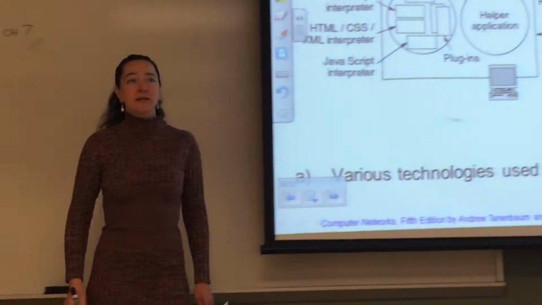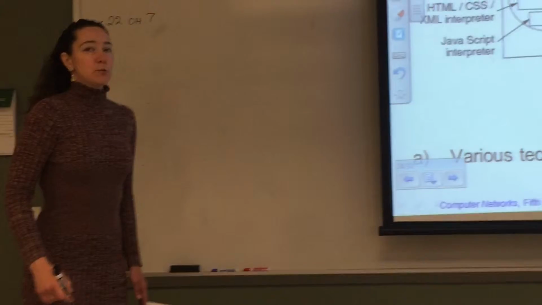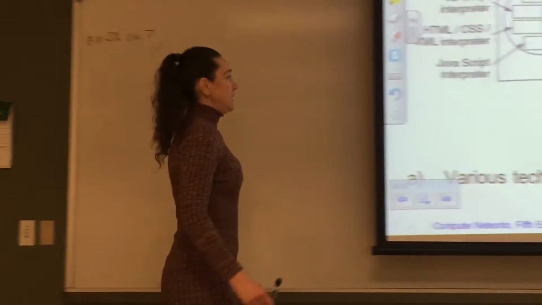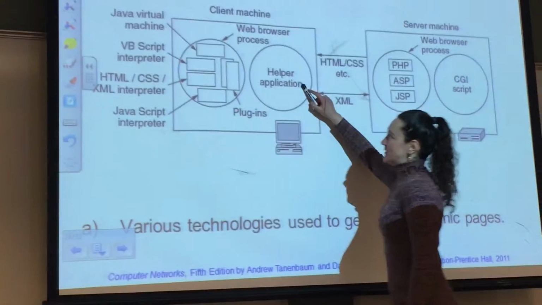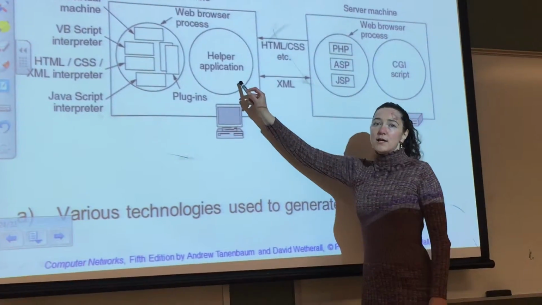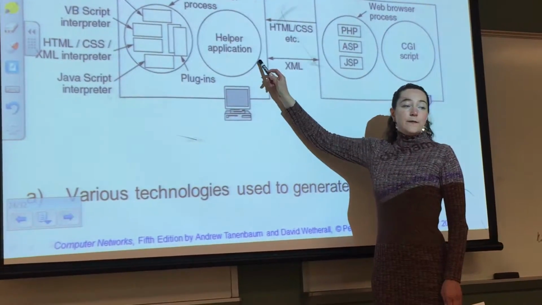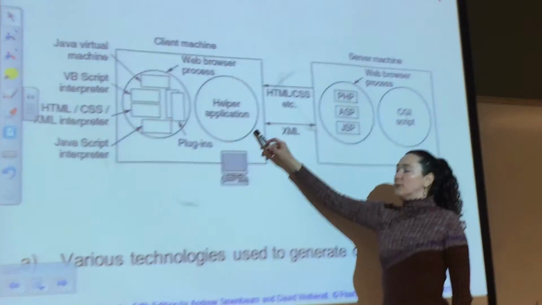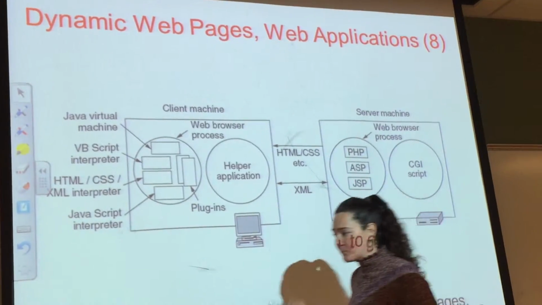For example, play sounds or videos, or display PDF files, or display Word documents, or something else. It either needs a plugin or it needs to launch another process called a helper application that would open the Word document or the PDF file or play the video, whatever in the world the browser is trying to do that it cannot do.